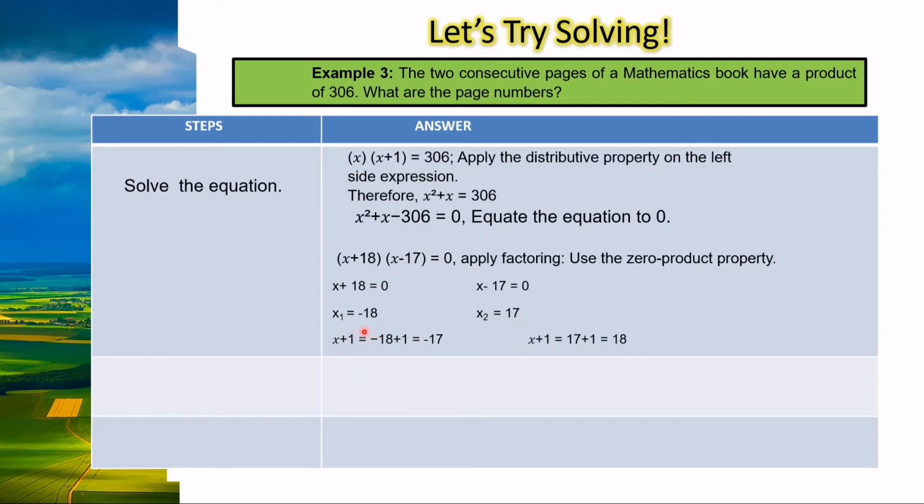So what do we call this negative 18? So we don't have any negative page number. So we consider this negative 18 as our extraneous solution. Okay.